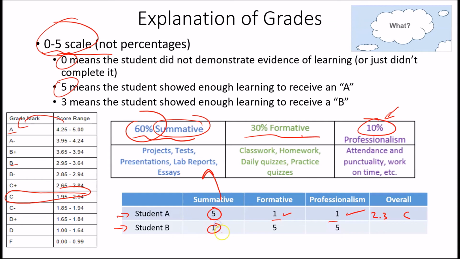Student B scored a 1 on that summative, right, which would show very little understanding of the standard at hand, but they may be your typical teacher pleaser, that they're always getting things done and turned in on time and always participating and everything. Those are very good skills to have, by the way.